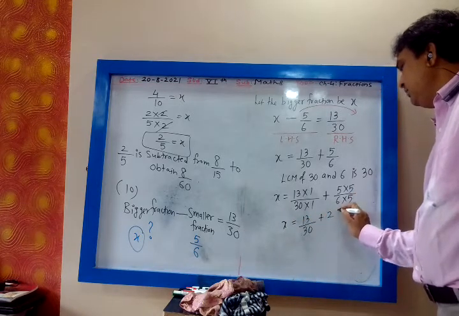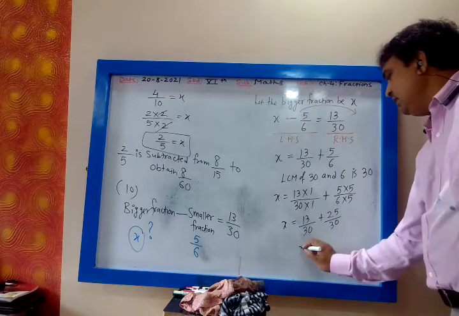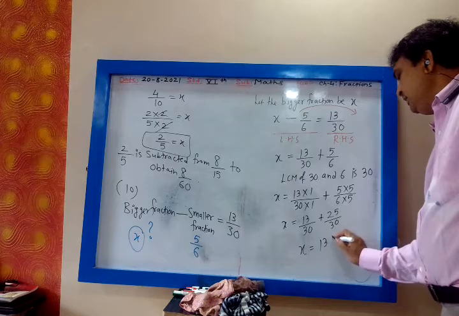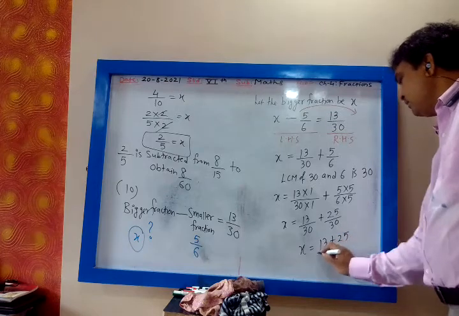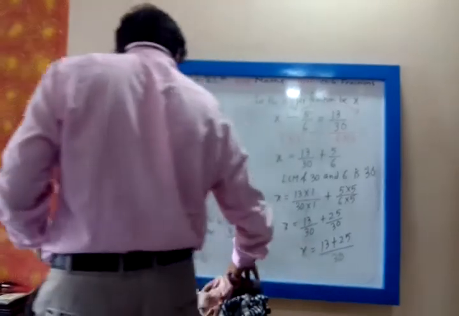plus 25 upon 30. Now the denominator is the same, so you can add the numerators. x is equal to 13 plus 25 upon 30. So x is equal to 28 upon 30.